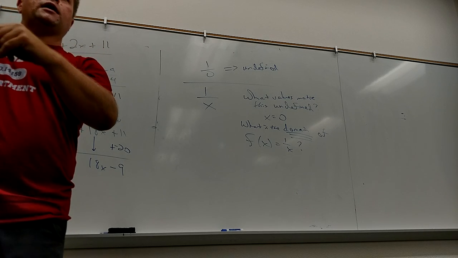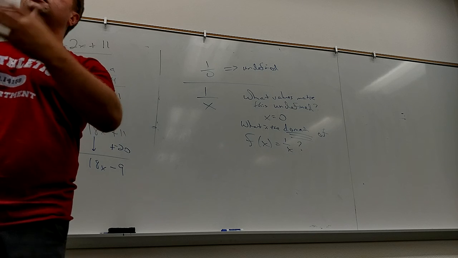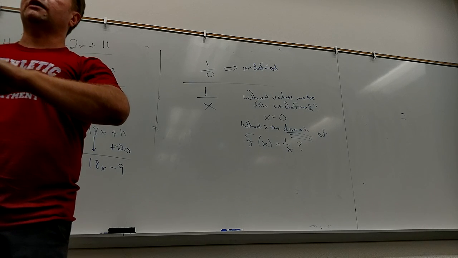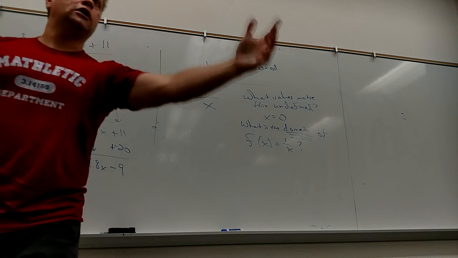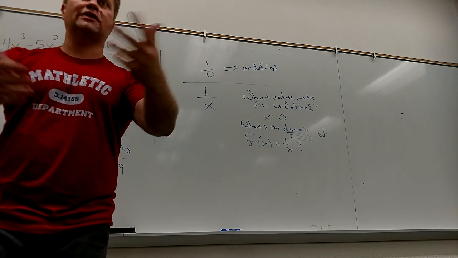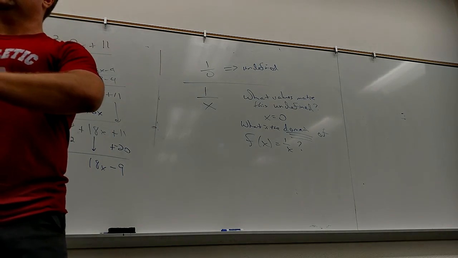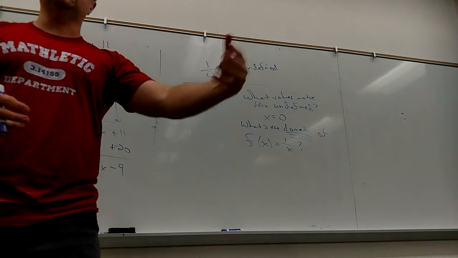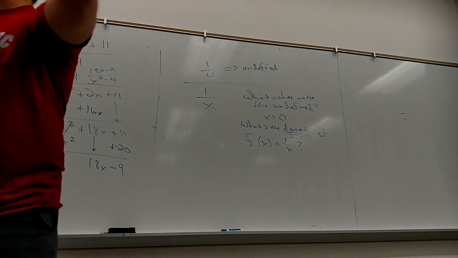Domain is all the things that can be used as inputs. It's everything that X can be, basically. The range would be all the stuff as outputs. It's everything that Y could be. So domain is all the X's that you can use. Range is all the Y's that would come out.